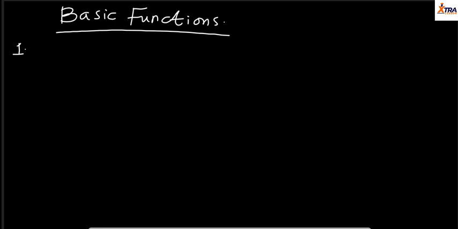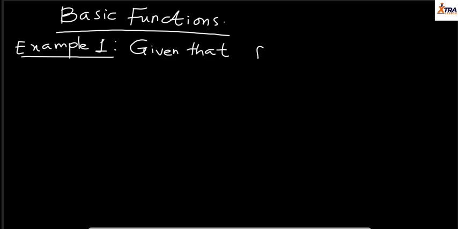Now, in this example 1, we are given a particular function. Example 1. Given that f of x is given as 2x minus 3.